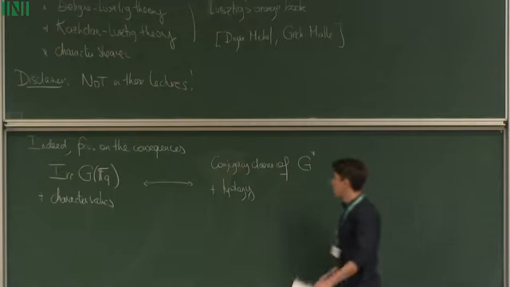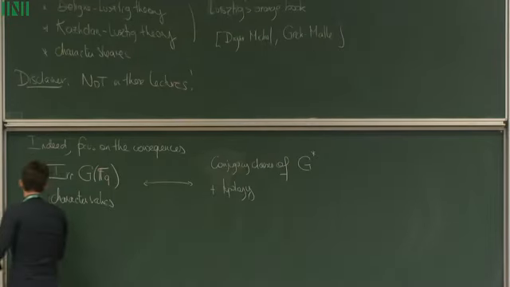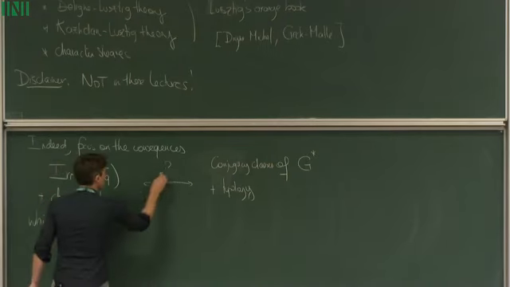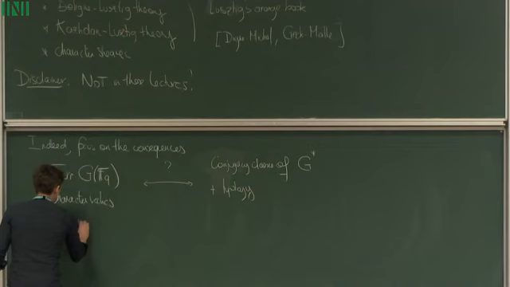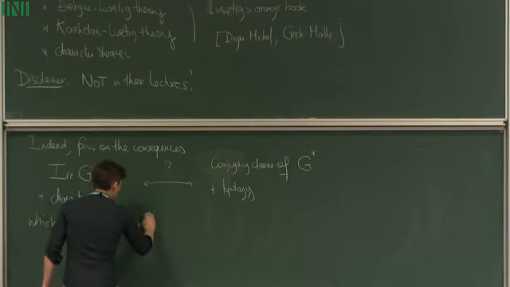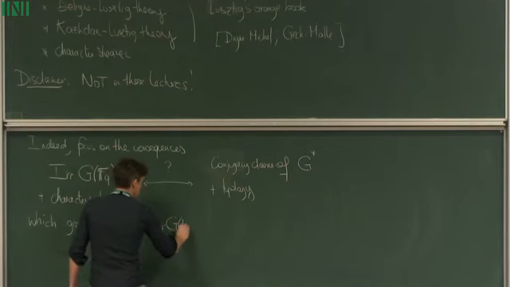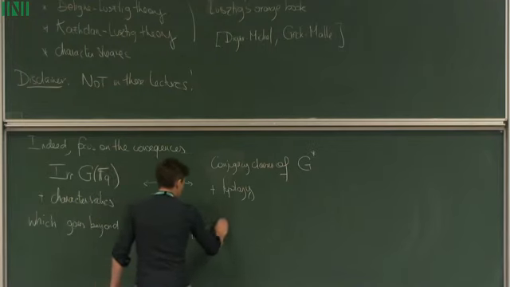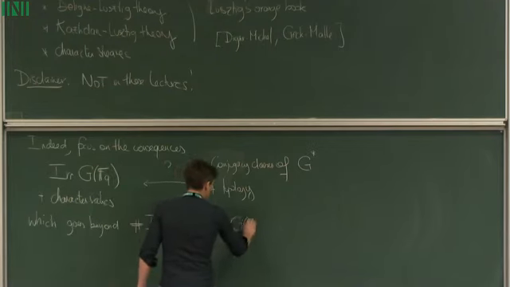All right, so I want to emphasize the fact that this correspondence really goes beyond the simple fact that if you want to compute the number of irreducible characters, this is the same as the number of conjugacy classes.